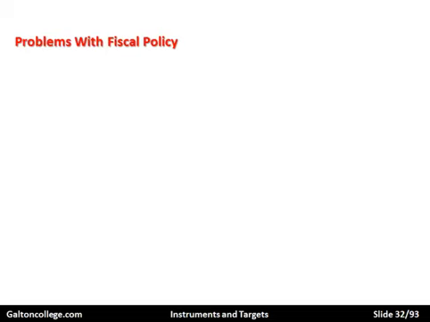Now, the problems with fiscal policy. Well, tax revenue is difficult to predict. It's difficult for the governments to work out exactly what's going to be received in tax revenue. The government must get the tax level or the tax rate worked out properly, because there is a relationship. It's known as the Laffer curve, L-A-F-F-E-R.